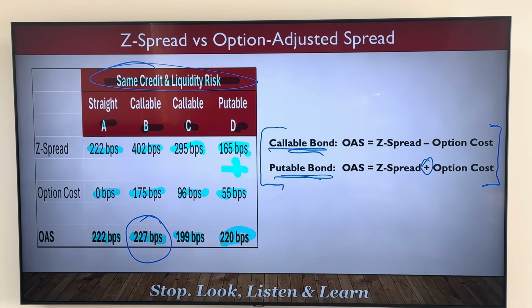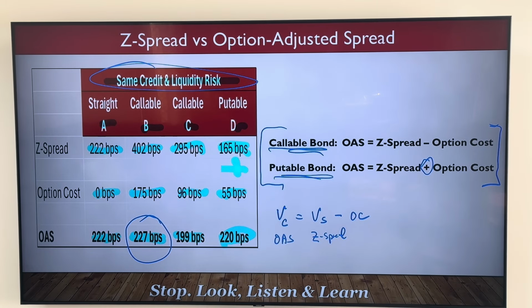And one way to think of it is this. Let's say the value of a callable bond is equal to the value of a straight bond minus the option cost. Now, with respect to a straight bond, you got the Z spread. And with respect to a callable bond, you got the OAS, the option adjusted spread.